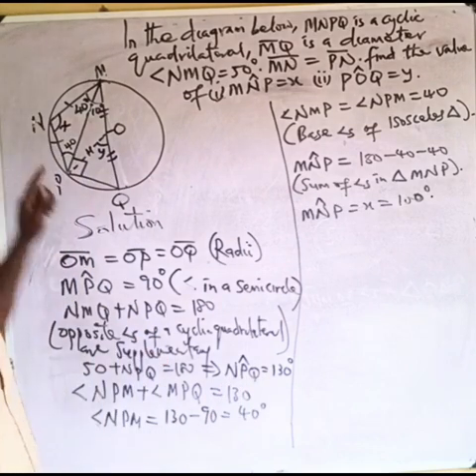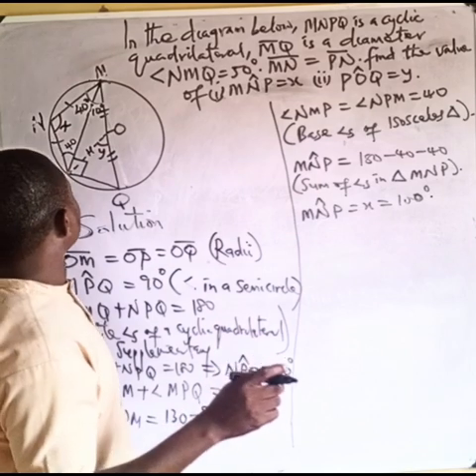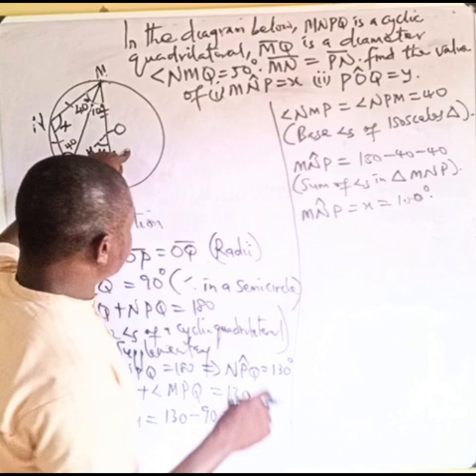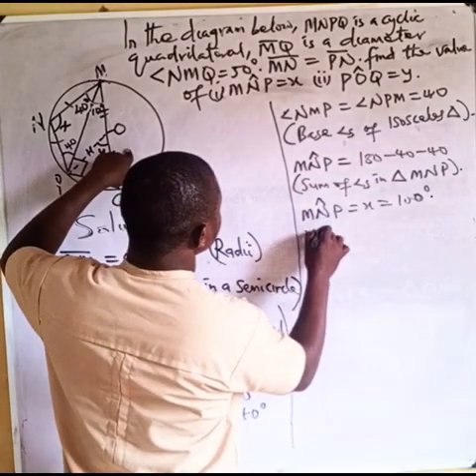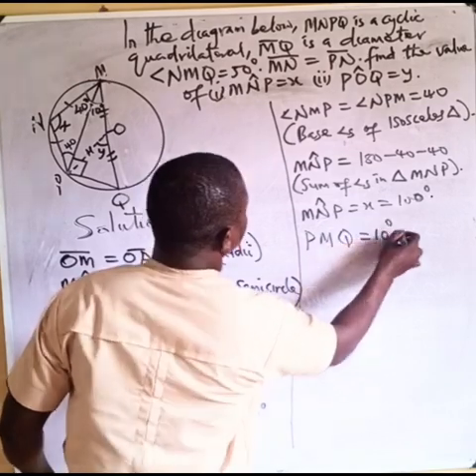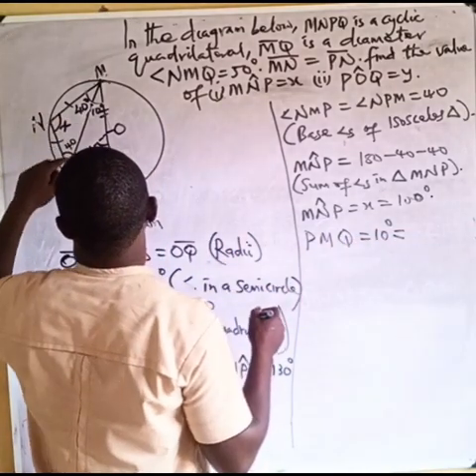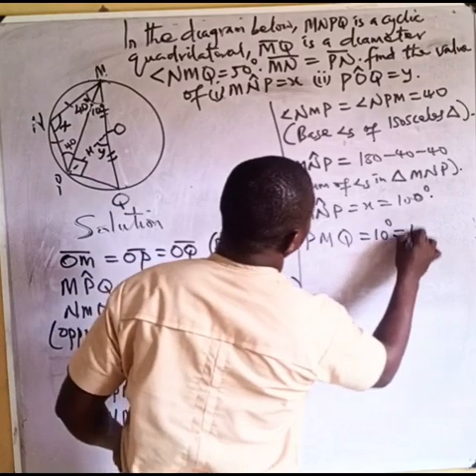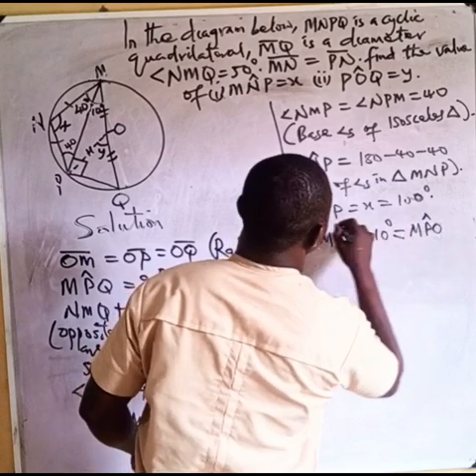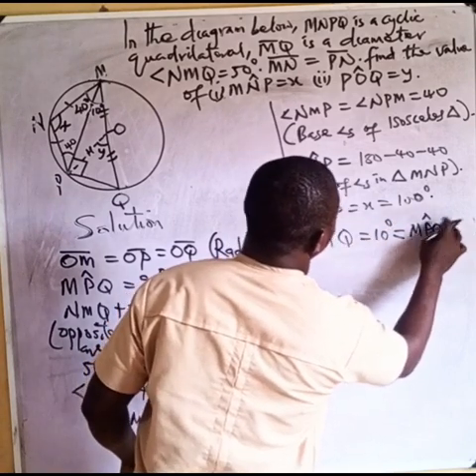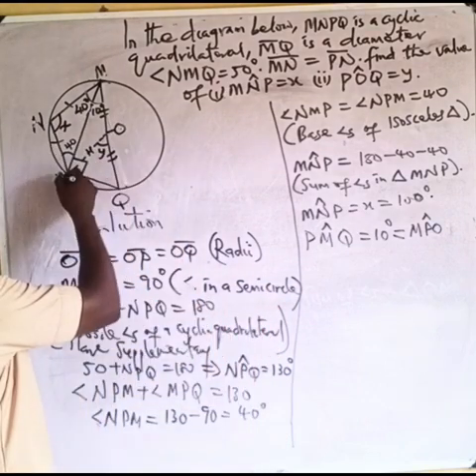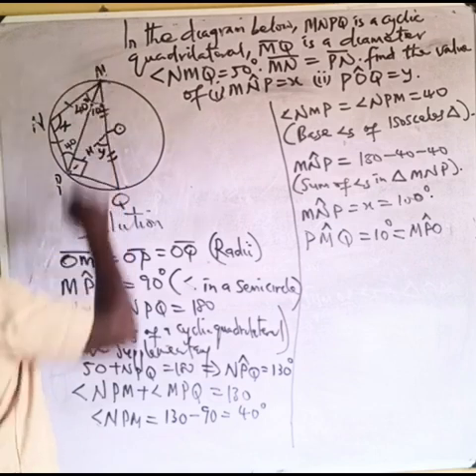Now that we know that our angle PMQ is 10 degrees, it is equal to MPO. Why are they equal? Because the line OP is a radius and OM is also a radius.